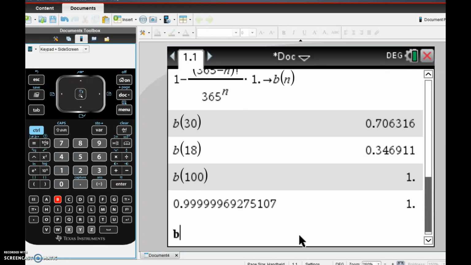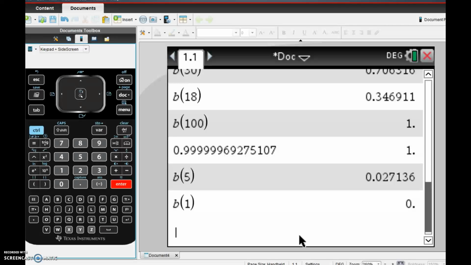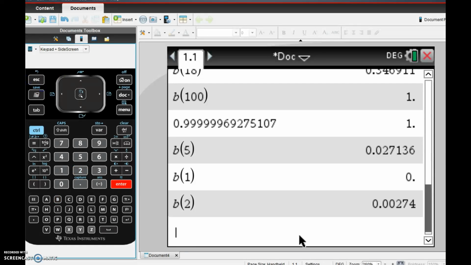What if we have 5 kids? That's going to be pretty small. Only 2%. What if we have 2 kids? Well, 1 kid, I think it's probably going to get some kind of error on 0, whatever. 2 kids, I think 2 kids should be 1 divided by 365. Right?